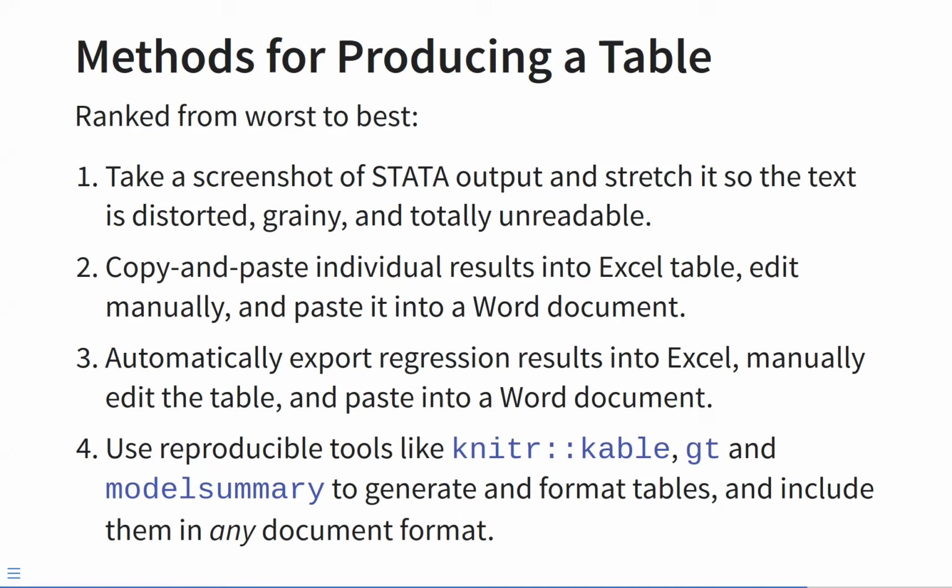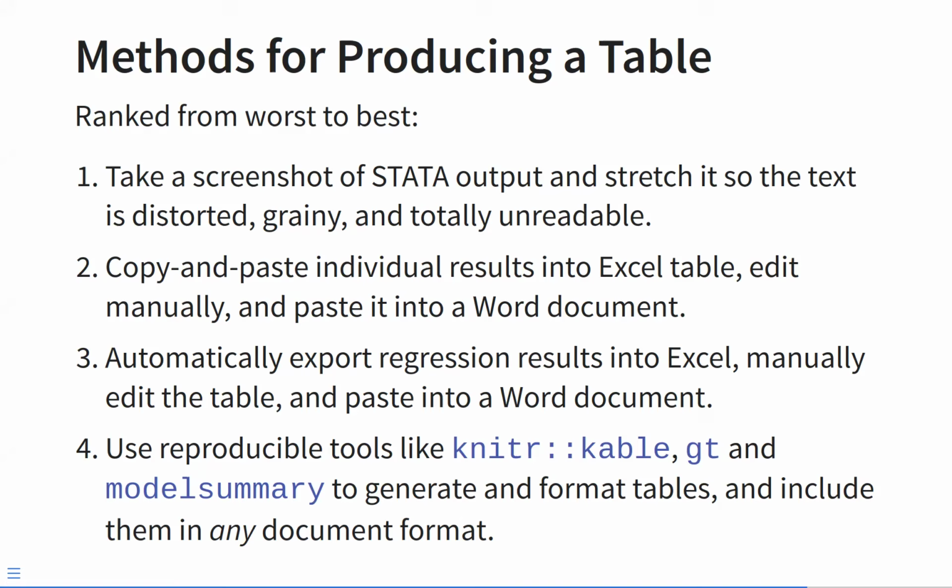Well, needless to say, you should not be using Microsoft Word or Excel for anything at any point, and you should be using reproducible tools. For making tables, I recommend that you take a look at Empirical, GT, and Model Summary. Of these, Empirical is fast and dirty, but useful for lots of purposes. GT is extremely elegant and refined. It gives you total control over how your tables work.